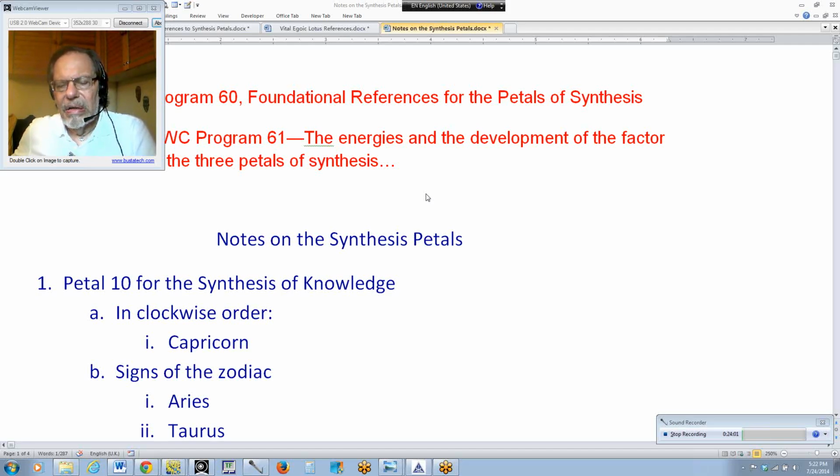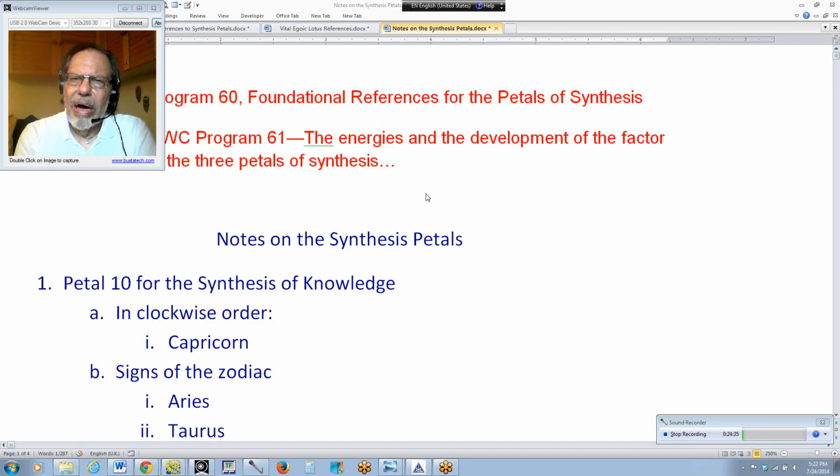Then when we are attempting to achieve a synthesis of knowledge at the 10th petal, we're going to be dealing with the sign Capricorn. I don't think it pays to reverse the zodiac and go in the clockwise manner, seemingly backwards. If we began with Aries and went backwards, we would find Gemini.